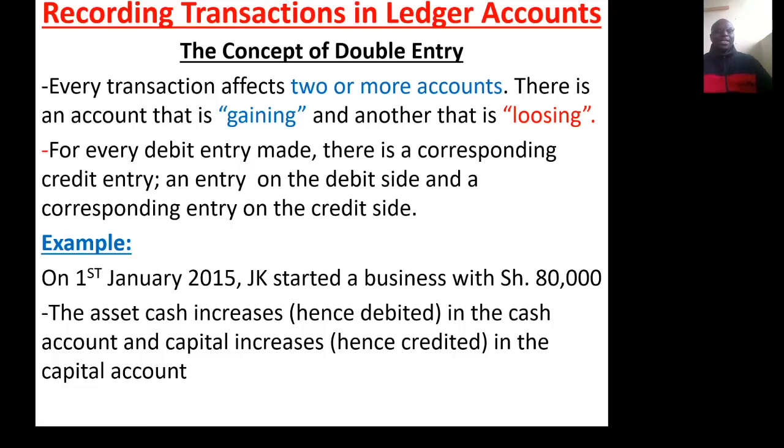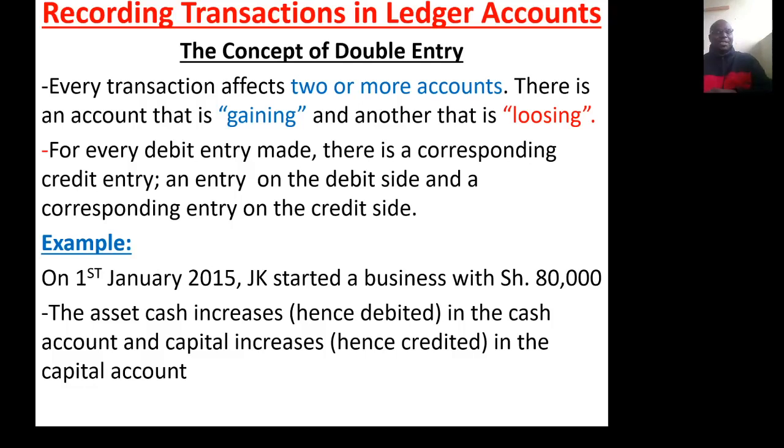For every debit entry made, there is a corresponding credit entry. So if in one account you are entering the transaction on the debit side, then the other account or accounts will have the same entry or transaction being recorded on the credit side.